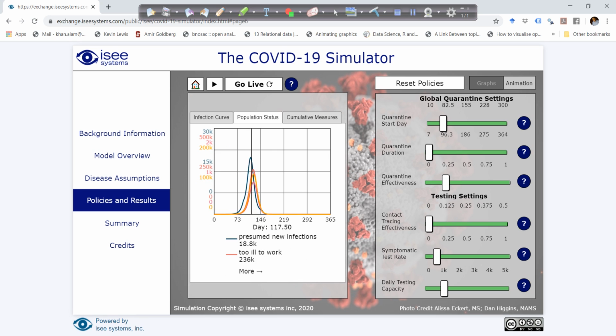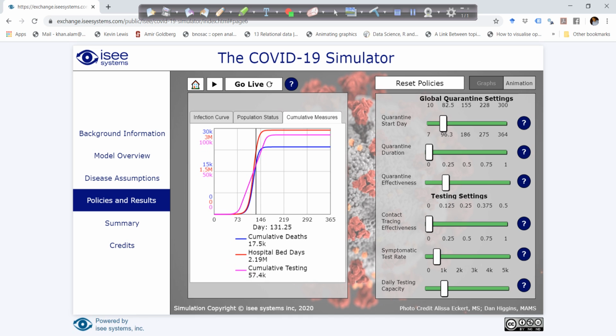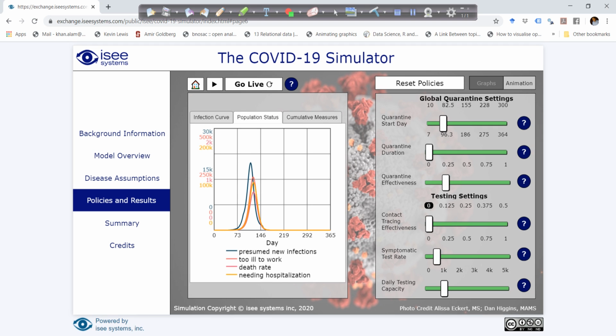New infections rise to a peak, and the death toll is around, you can look at the cumulative deaths here, around 23.3K.